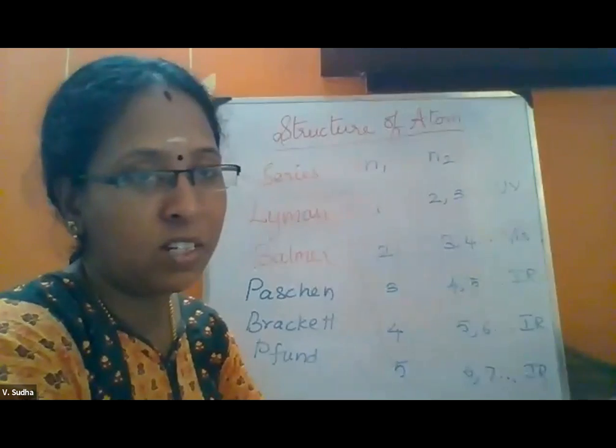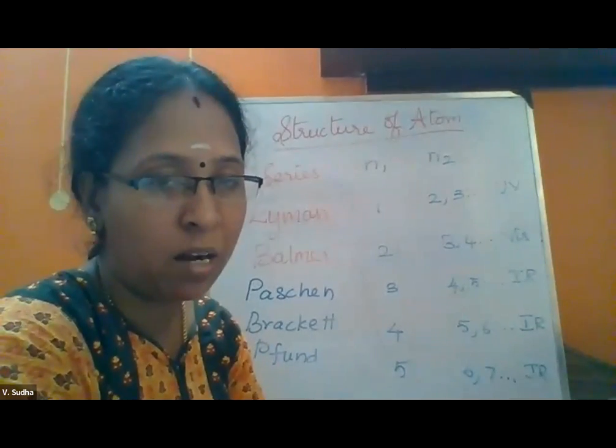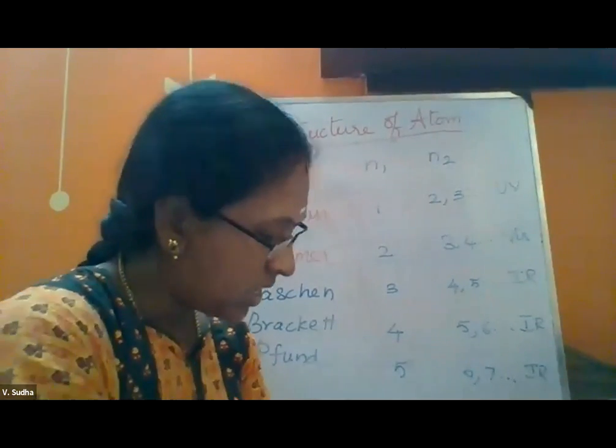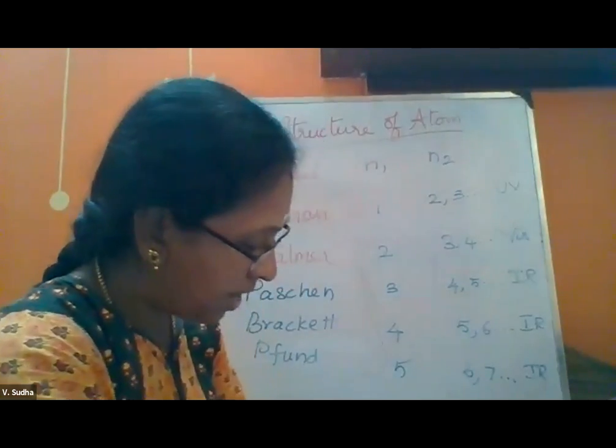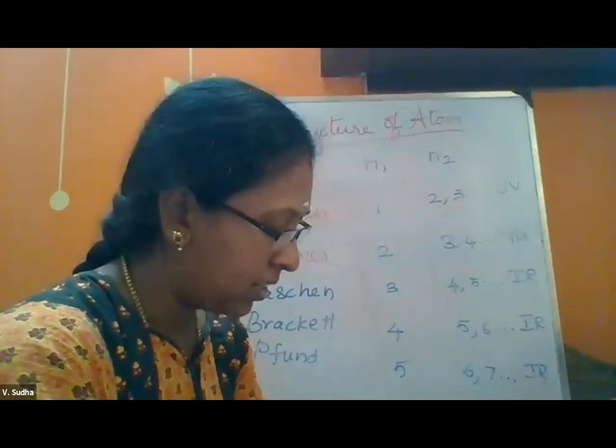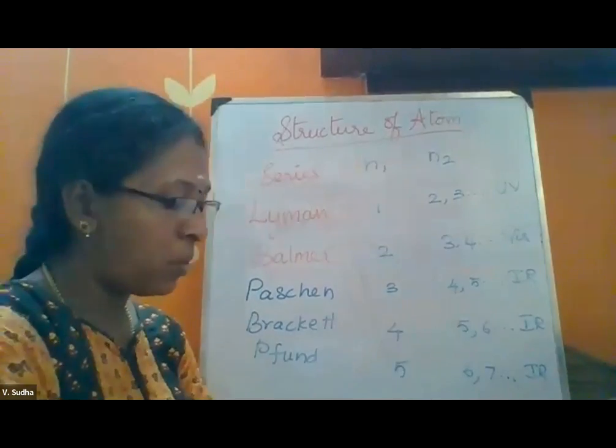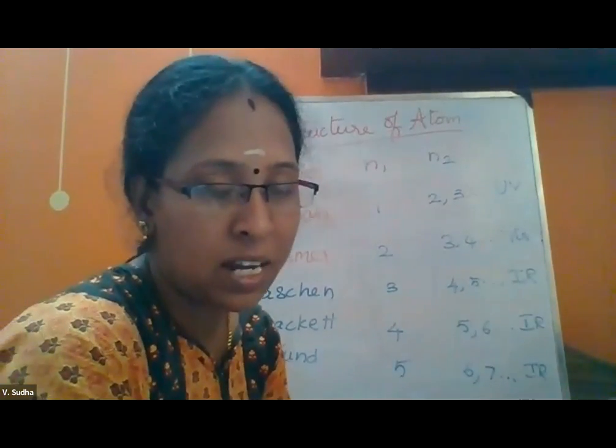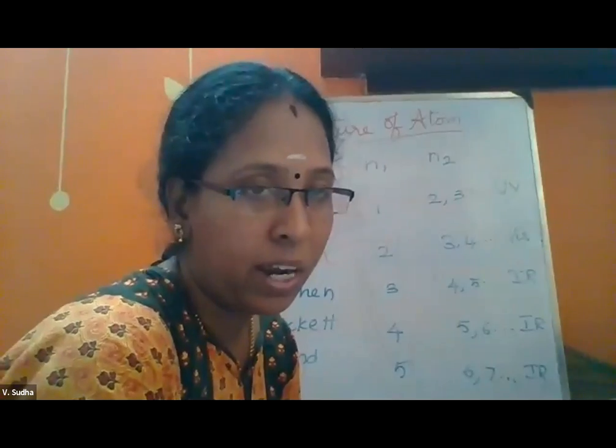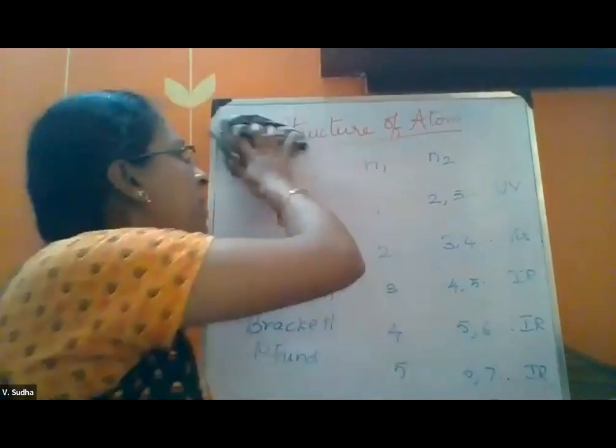Okay, so this will show far IR, near IR, and mid IR. The next one is Rydberg formula.